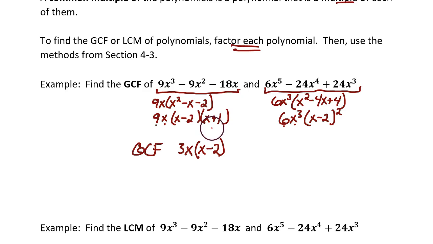So x plus 1 is not common to both. Our greatest common factor is 3x times x minus 2, which could be multiplied together to get 3x squared minus 6x. Here is the greatest polynomial that is a factor of both of the original polynomials.